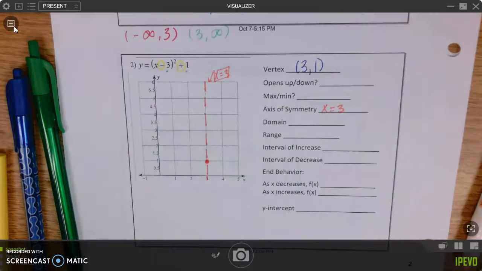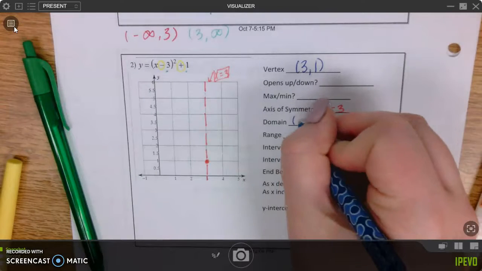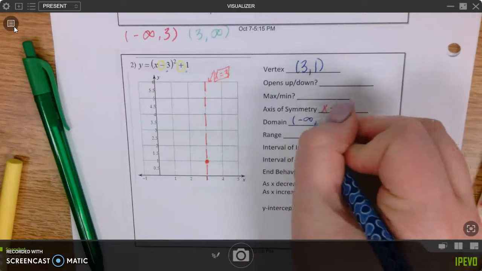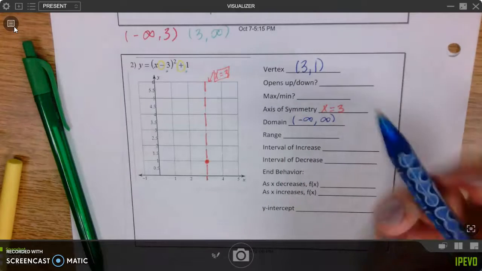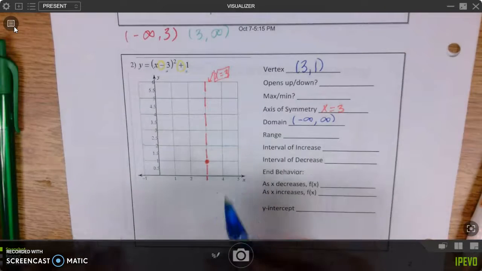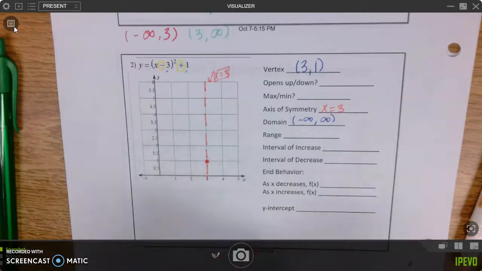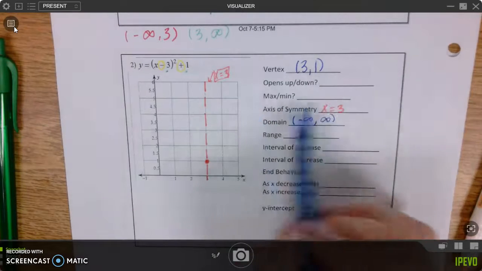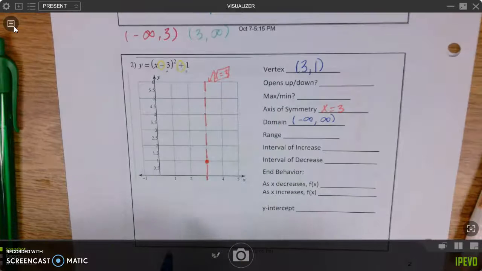You know that the domain is going to be negative infinity to positive infinity. Don't miss that on your quiz tomorrow. All right, the range, so where do your y values start? You know that this is your vertex. We're not sure how it opens up or down, so let's wait on that one. I can tell, but I want you to see the graph before we fill that in.